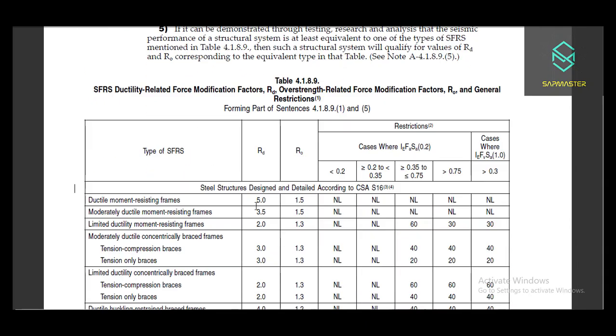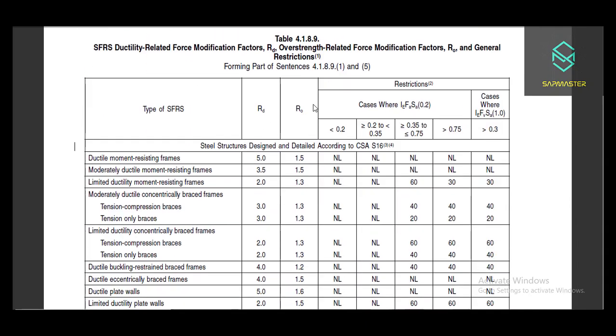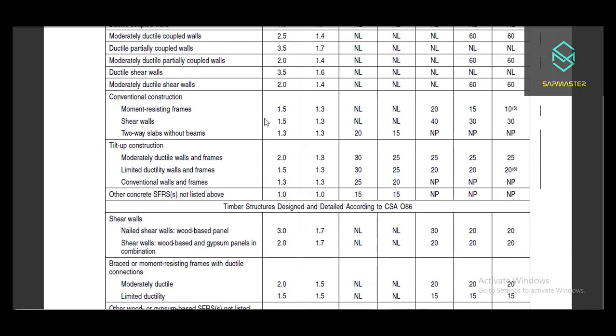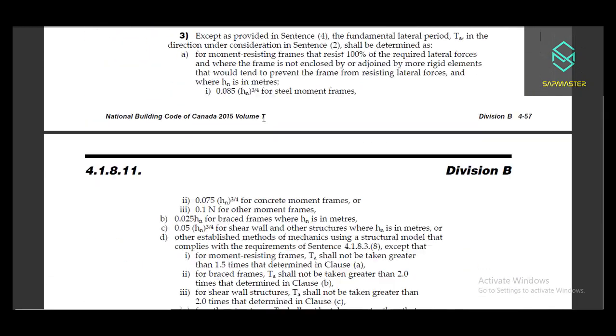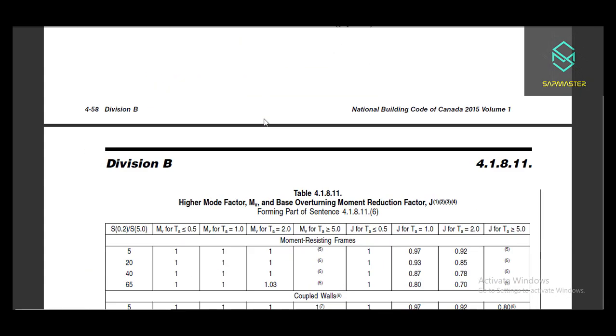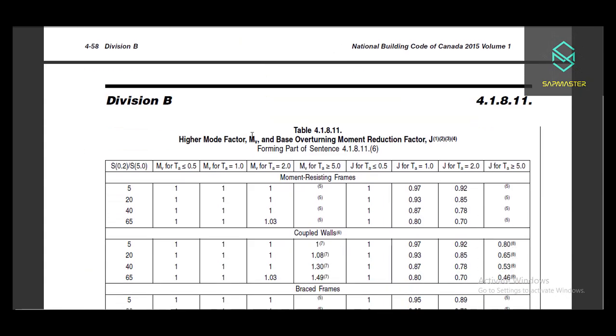And if you go down, okay, so here we are also going to need these two factors. We're going to come back to them and talk about them later. Okay, here is the higher mode factor MV.